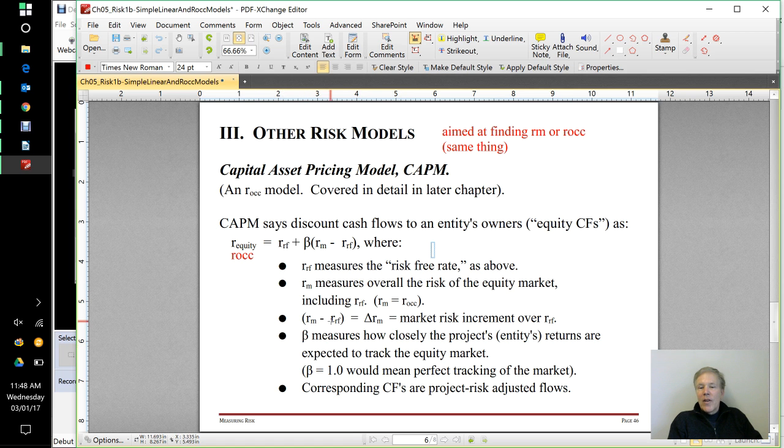RM minus RF is that delta for market risk, in this case, market risk of the entire stock market. Beta aims to measure how closely our particular project, the company that we're trying to value, is related to the overall market. And CAPM uses the corresponding cash flows we want to use in CAPM, our project risk adjusted cash flows. Okay.